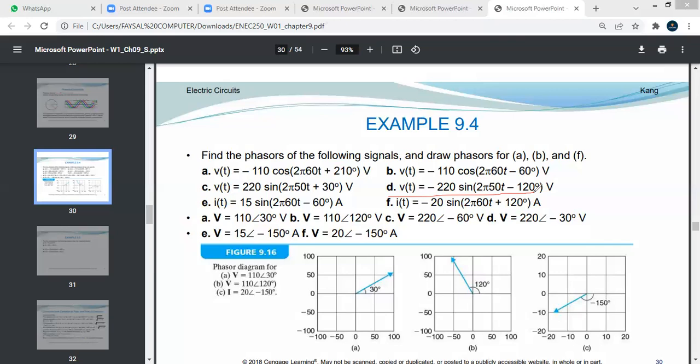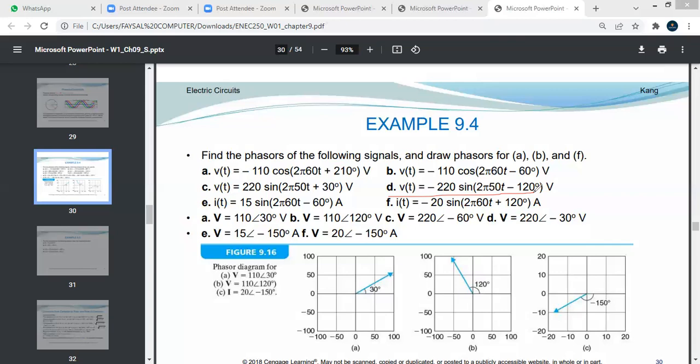And the second thing given is 120. So 120 means that this value lies in my second quadrant, so there must be a phase shift of 30 degree. This phase shift is basically lagging, so it will be negative 30 degree.